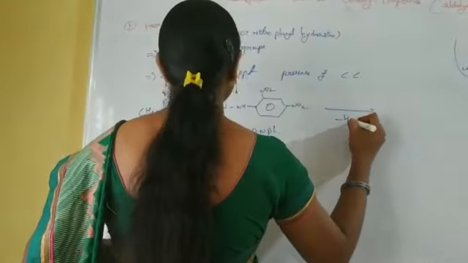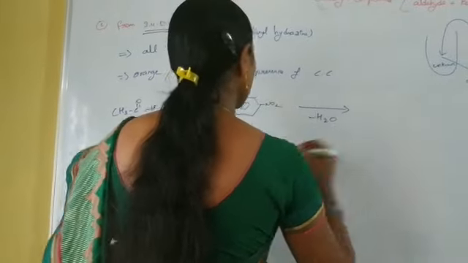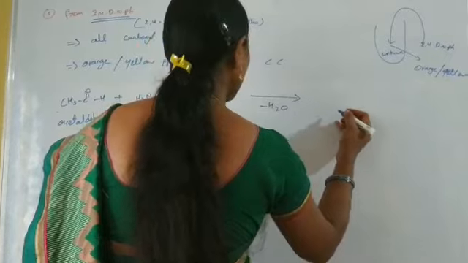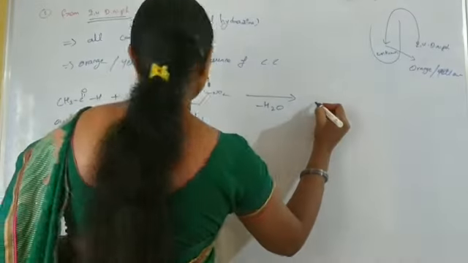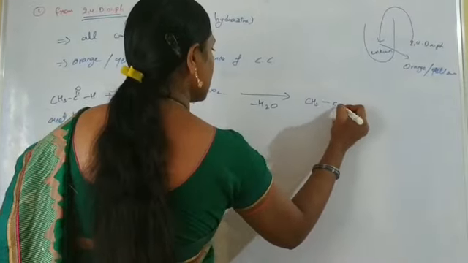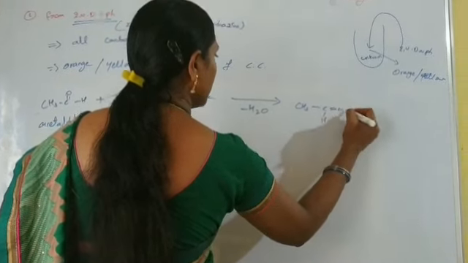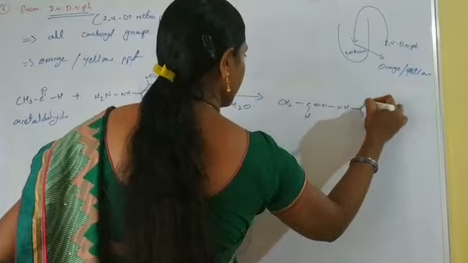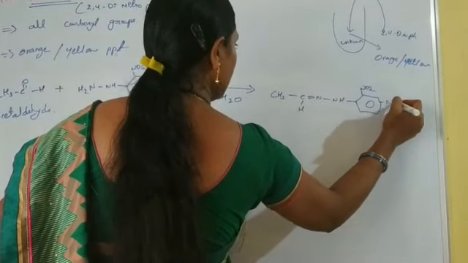By the loss of a water molecule, we observe acetaldehyde 2,4-dinitrophenyl hydrazone, CH3CH=N-NH with NO2 and NO2 groups on the ring.